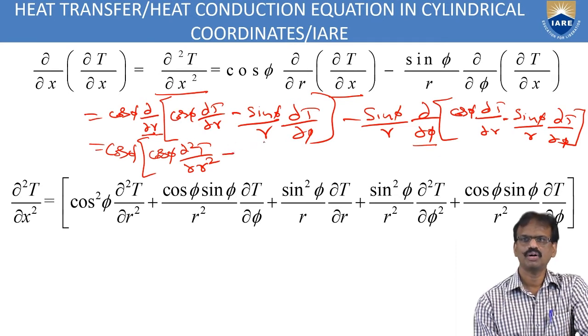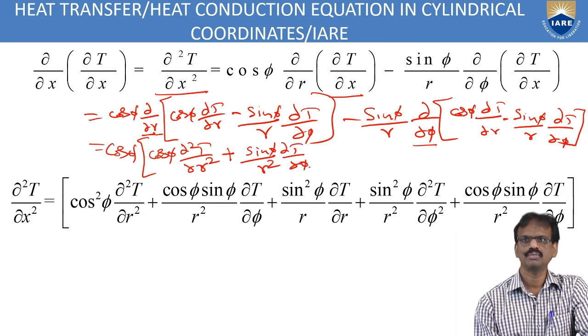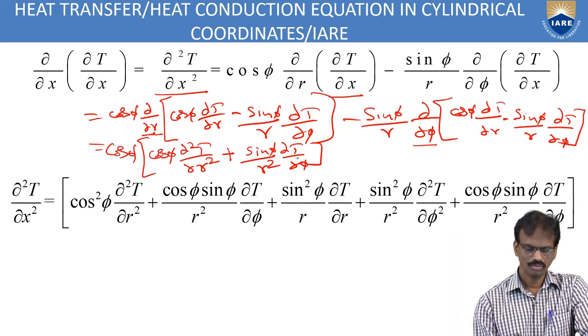With respect to r, 1 by r, so derivative of 1 by r is minus 1 by r², so then it will be plus sin φ by r² into ∂T/∂φ. We get the same value. Okay. So then you multiply with cos: cos² φ into ∂²T/∂r². Similarly, cos φ into sin φ, so cos φ sin φ by r² into ∂T/∂φ.